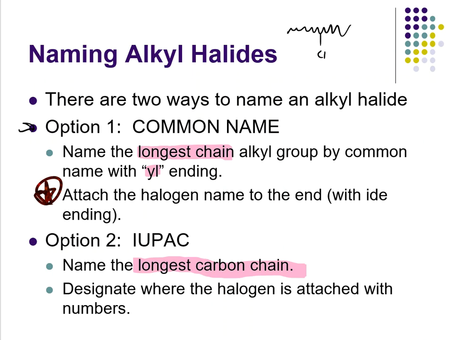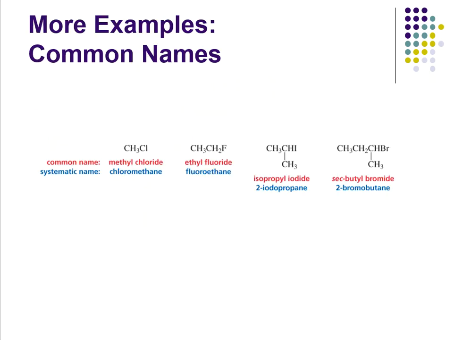And then the second step is we're going to have to tell you where the halogen is located. So this requires a number, like we've been doing in the past. And we typically name that halogen with an O ending: fluoro, chloro, bromo, iodo. Right? Okay, so let's take a look at some examples.